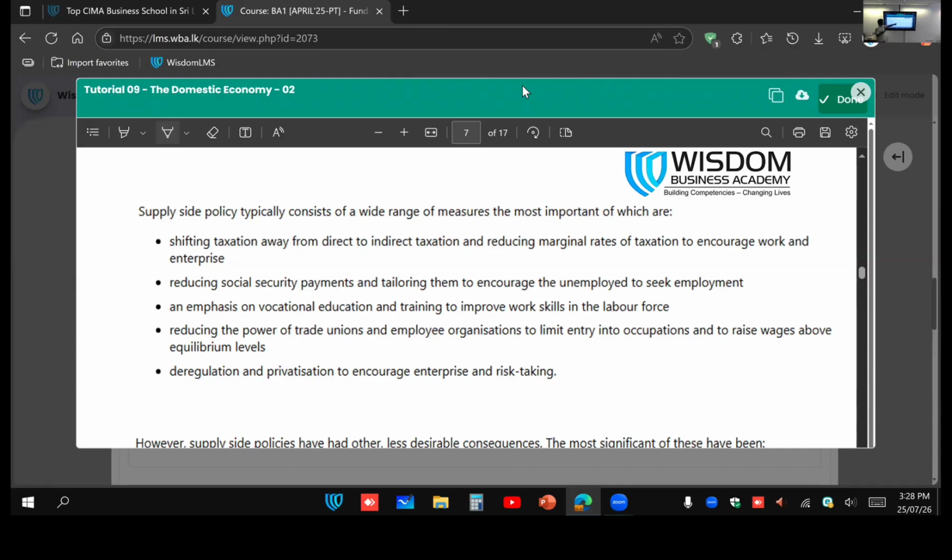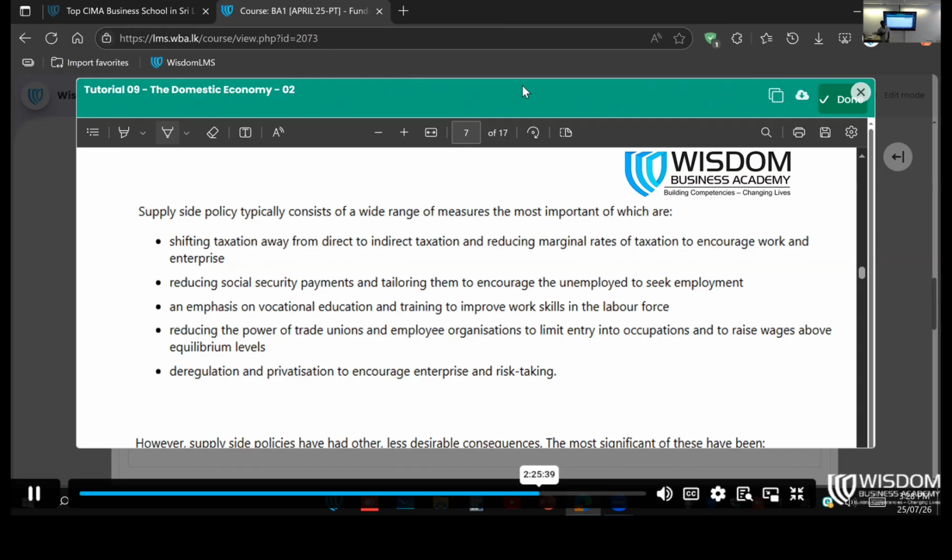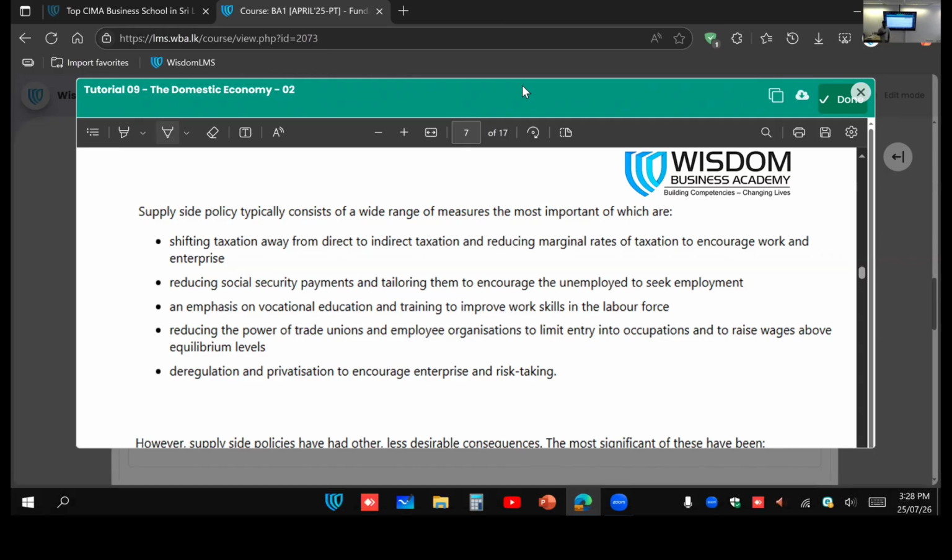Secondly, reducing social security payments. Social security payments means, consider, like whatever the income tax or something given. So in foreign countries, like in the UK, the unemployed are paid a certain amount of money, right? For a month, if that person is considered to be unemployed, that person is given an allowance, right? £1,000.